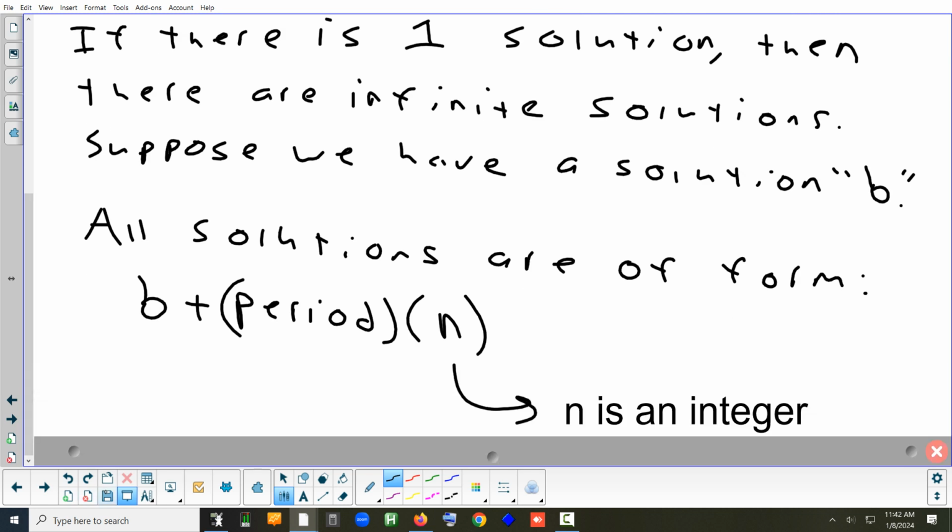And remember, n is an integer. So that's the only thing different about doing the intersects on the calculator this time. You have to find what they are and then put plus the period times n. And you don't have to use n. You can use any variable as long as you understand it represents an integer.